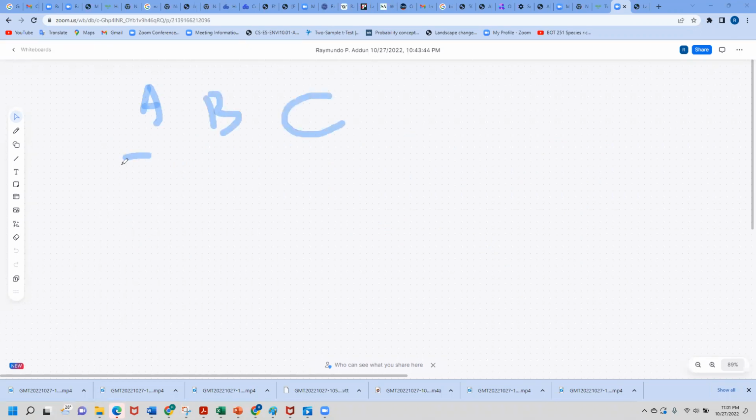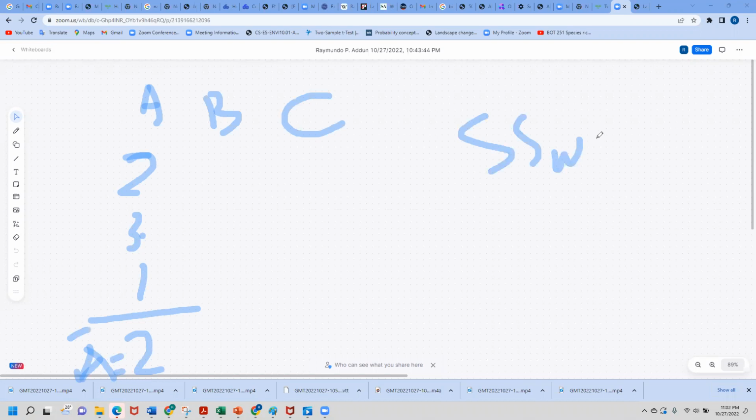I forgot my numbers right there. But we have 2, 3, 1, so the mean is 2, right? That's A bar is 2. I think that's right.